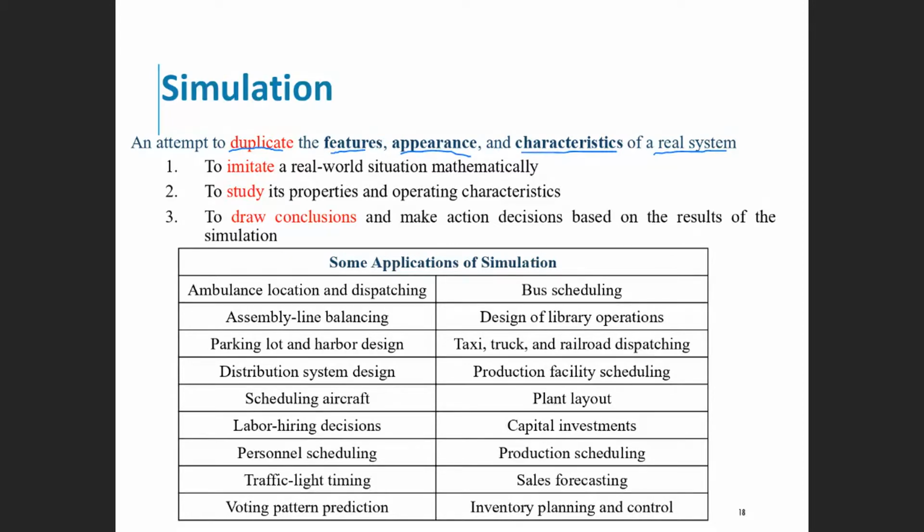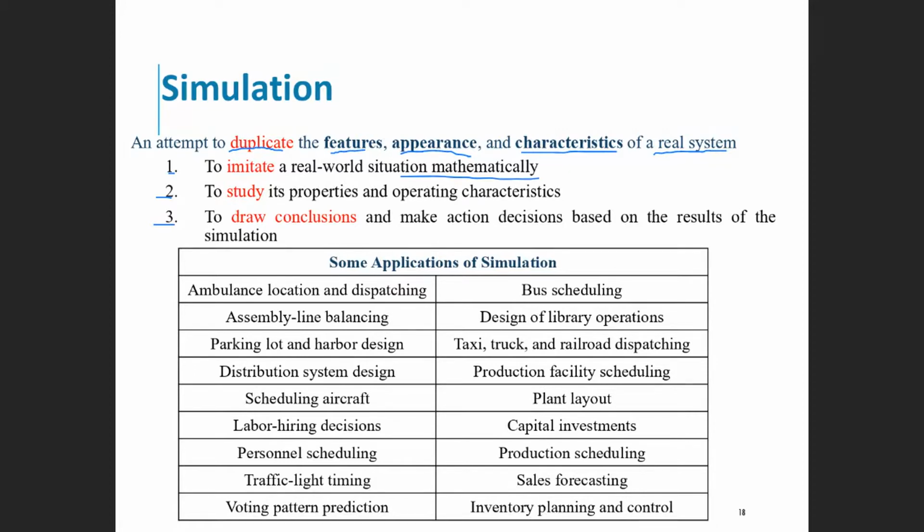Okay, now the question may obviously come: why do we do that? What is the benefit of doing a simulation? Here are the answers, either one of them, or some, or all of them. Why do we do simulation: to imitate a real-world situation mathematically.